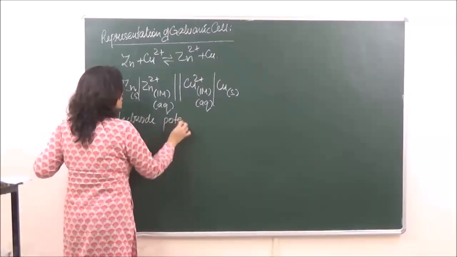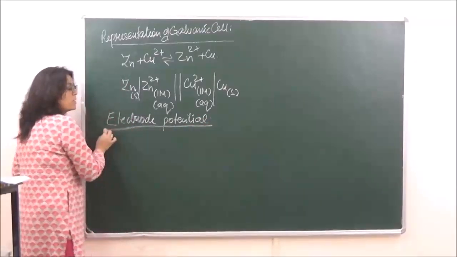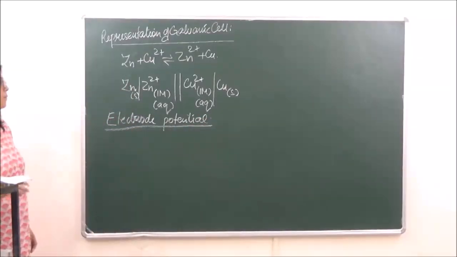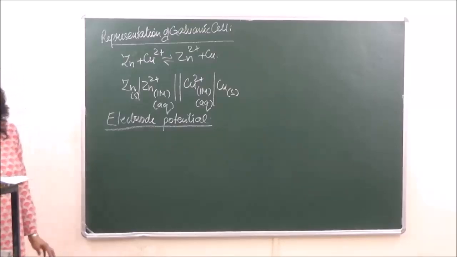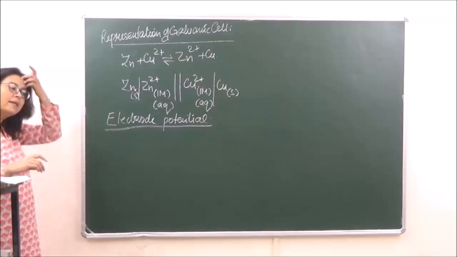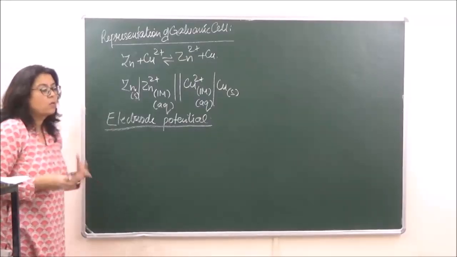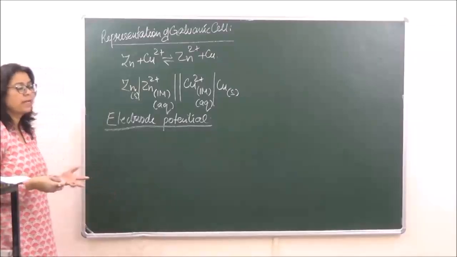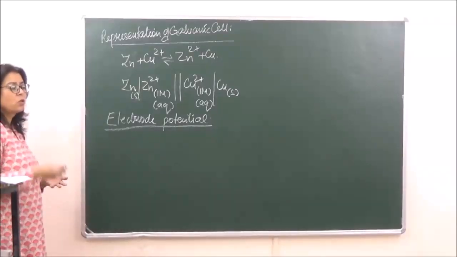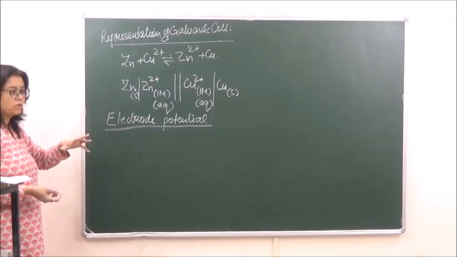Then we come to another very important term over here, which is known as electrode potential. This is very important. What do we understand by electrode potential? Now, when we place any metal in its solution, like we had placed zinc in a solution of zinc sulfate, what was happening to zinc? Zinc was losing electrons and going into the aqueous solution in the form of Zn2+, right?